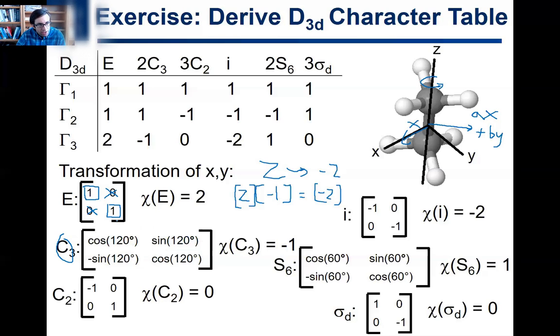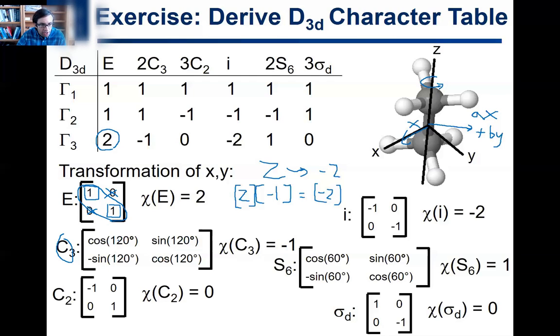So here, now that we know that X and Y transform into one another, we're going to keep them as 2 by 2 matrices. So we take the trace, right? So the trace of the matrix is 1 plus 1. It's a sum of the main diagonal. And so the character here is 2. So that's why we have a 2 right here under E.